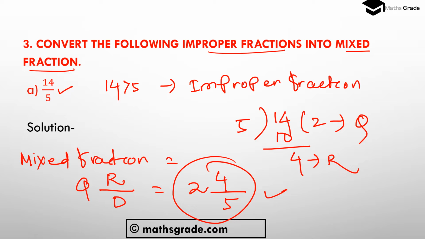So converting the improper fraction 14/5 into a mixed fraction, we get 2 and 4/5.